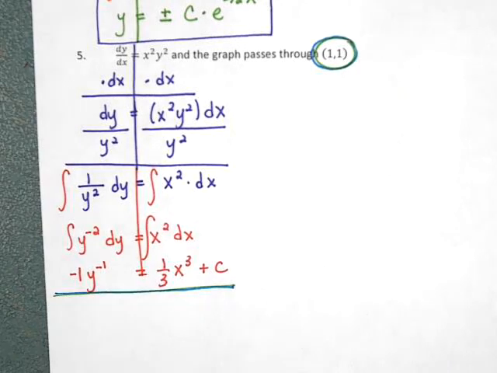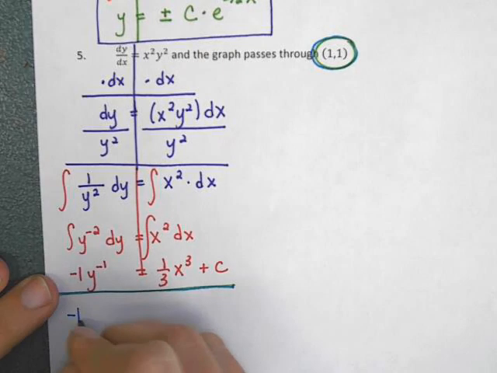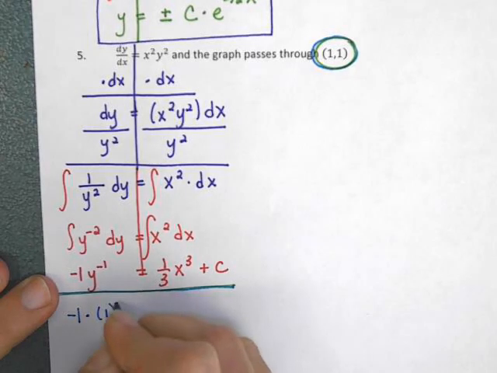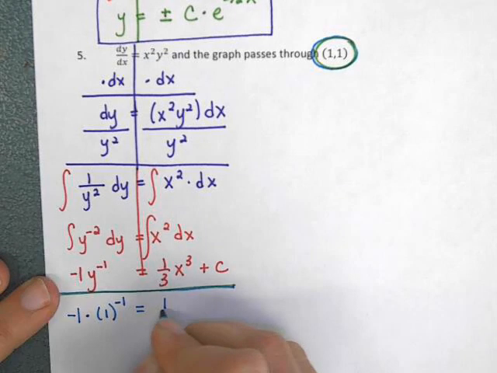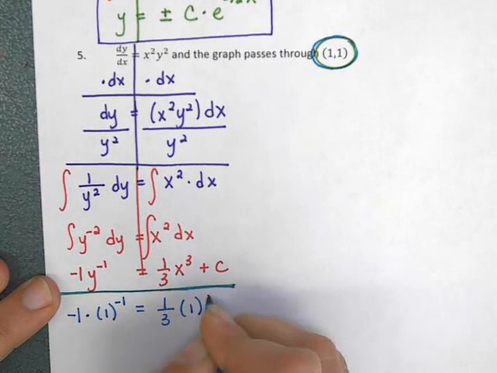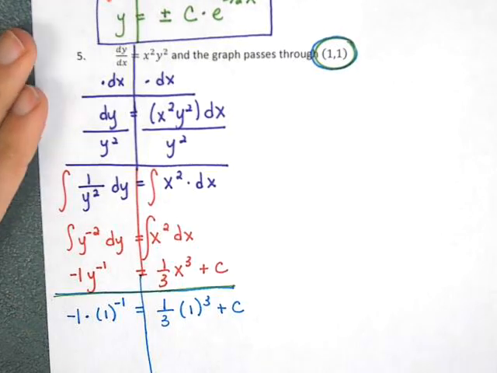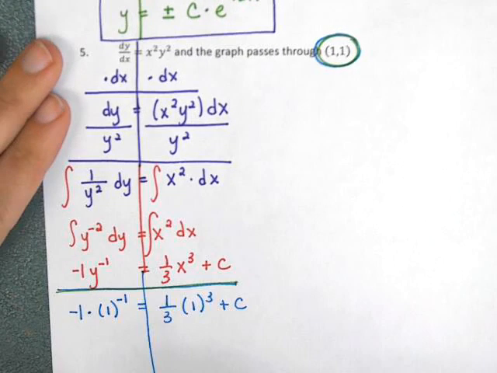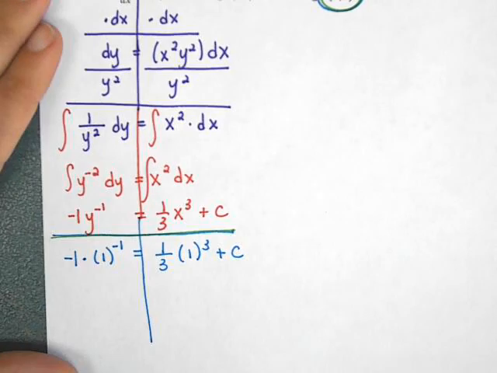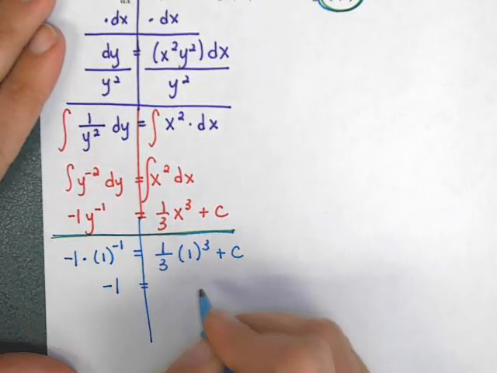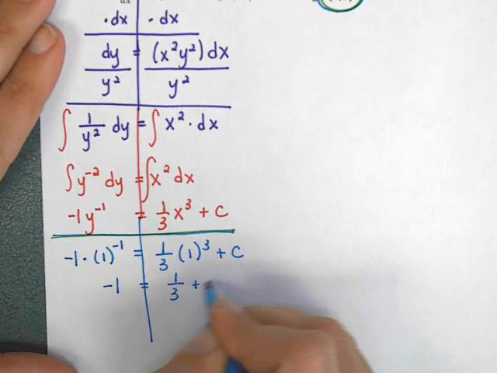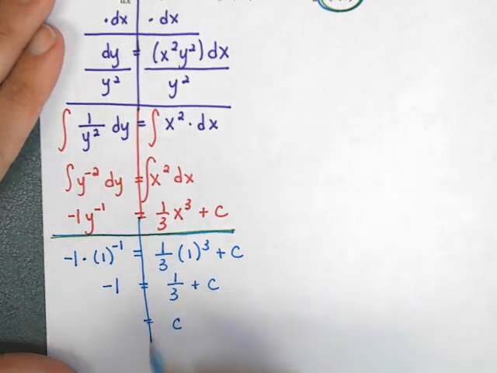I substitute that in, and I get negative 1 times 1 to the negative 1 equals 1/3 times 1 cubed plus c. Now 1 to the negative 1 really means 1 divided by 1, so that would just be 1. So I have negative 1 equals 1/3 plus c, which means c would equal -1 minus 1/3, which is -4/3.